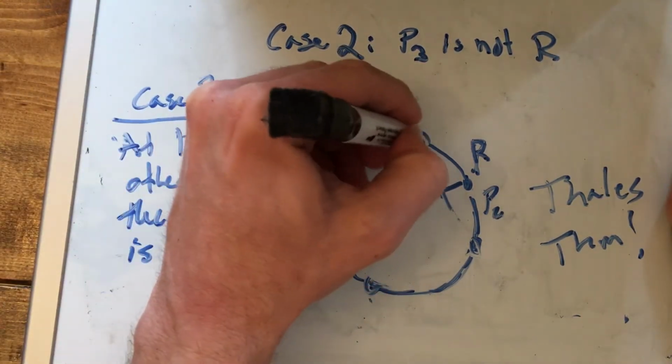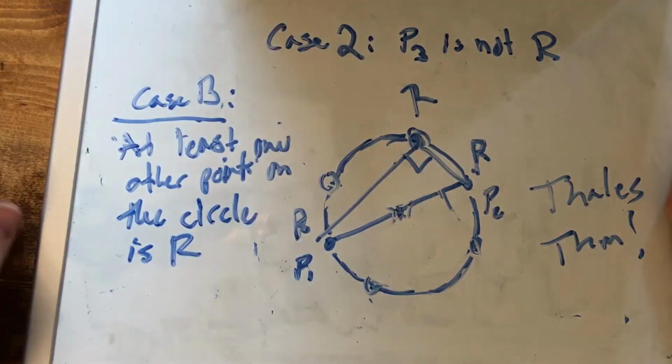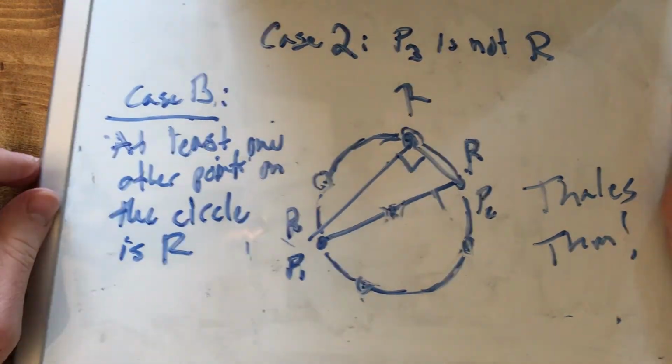Right, and so then let's say it was this point here, and then ta-da, we know that this is a right triangle, again by Thales theorem.